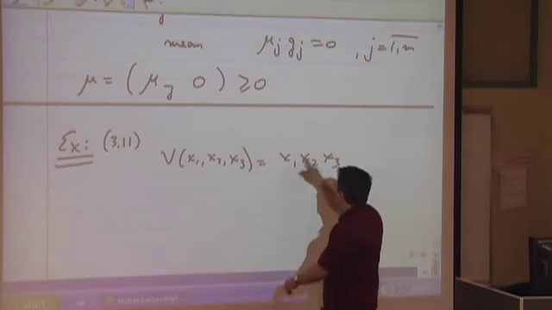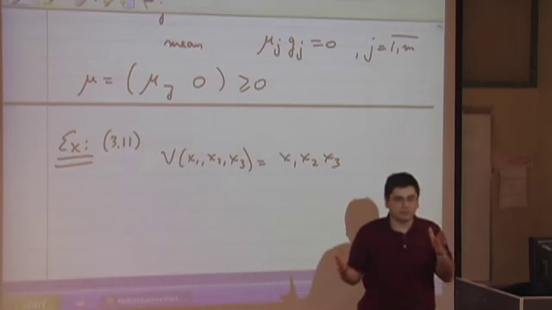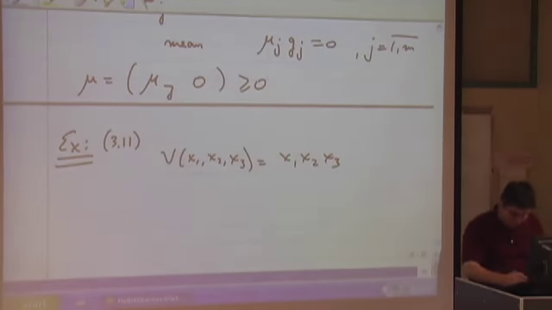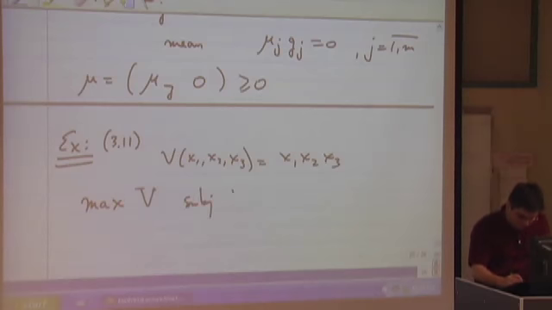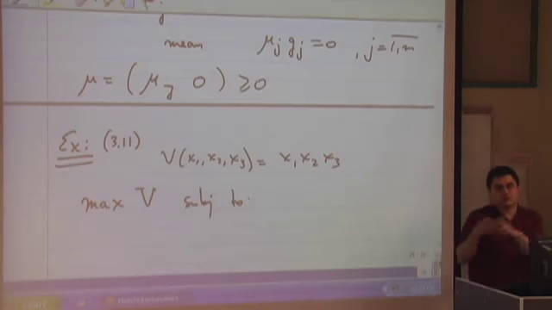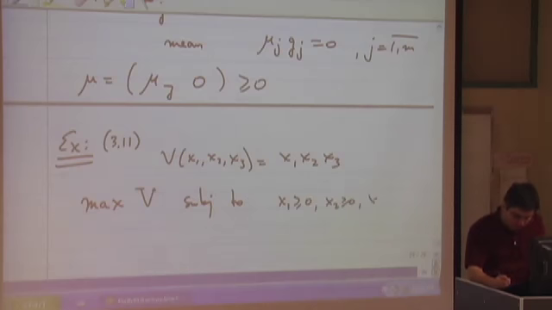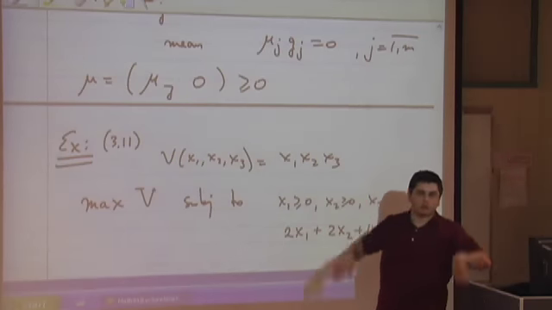So it has three sizes, x1, x2, x3, which you have to find, and you're trying to maximize V subject to the constraint that you have, which is x1, x2, x3 are all positive, and the sum of the sizes is bounded, so you have a finite length of rope, okay?